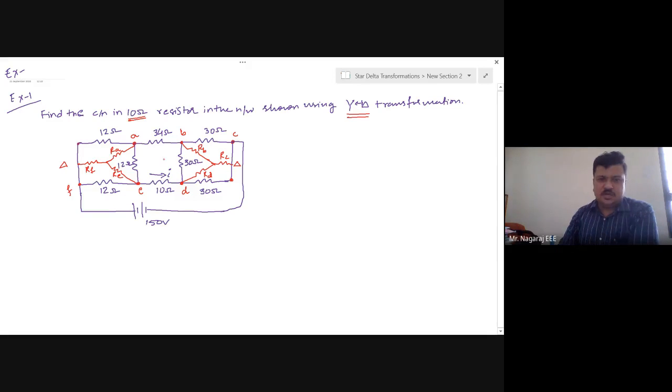When I have series connected impedances or elements, it is easy for me to analyze the circuit. First step here, convert, or I will take down here.